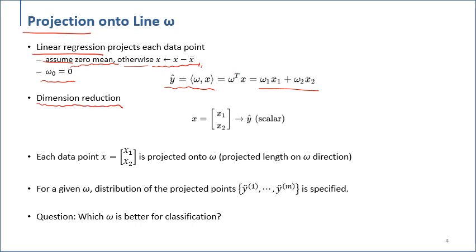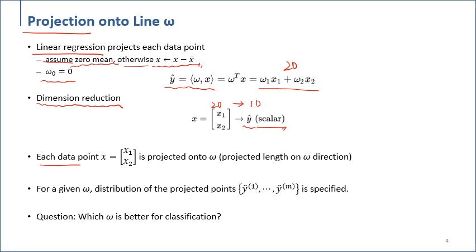So from these two-dimensional data, we have x1 and x2. Our goal is reducing dimension. That means we're going to have one-dimensional data, where y hat is just a scalar value.